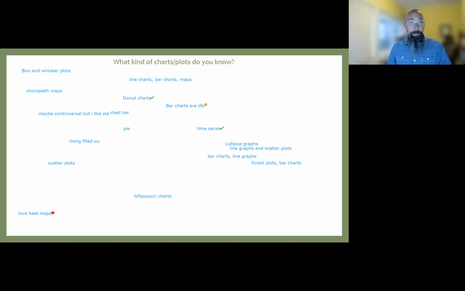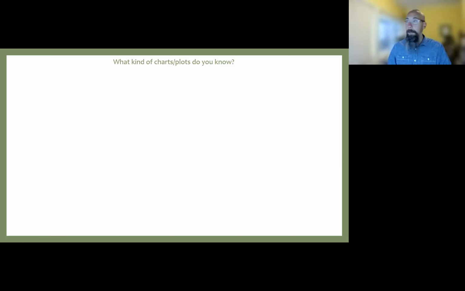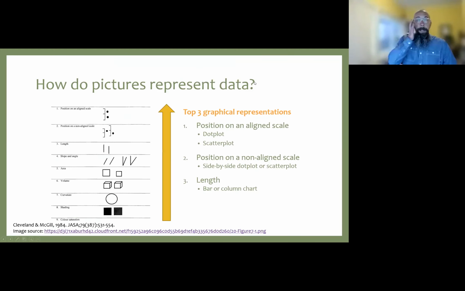Okay, I'm going to delete these. Get back to my cursor. So here's the task cognitively that we have. We have data which sit in big tables of numbers and text, and they're hard to wrap your head around.